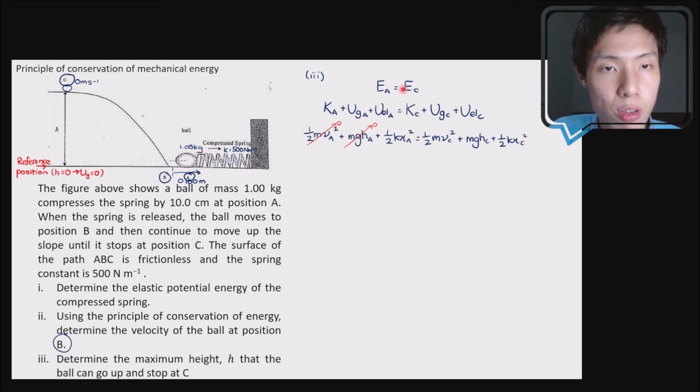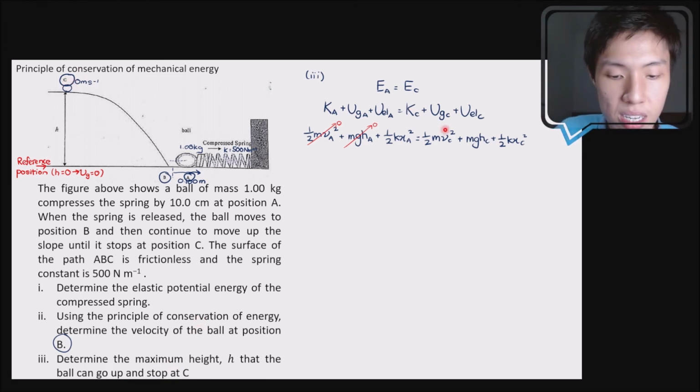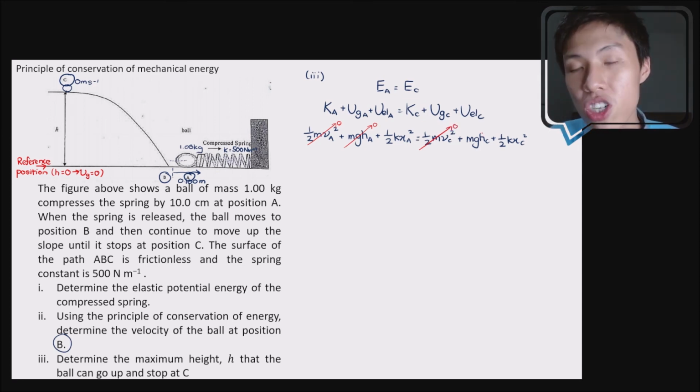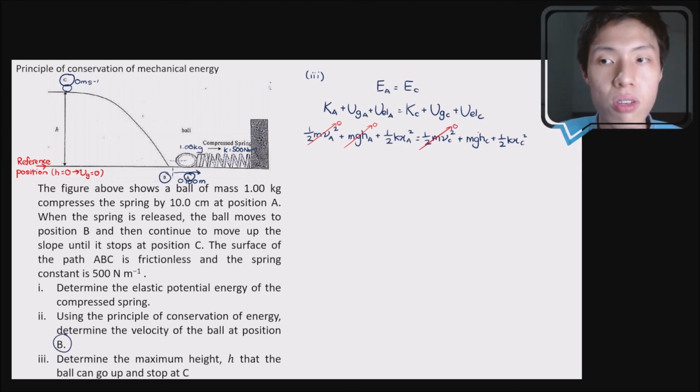Okay, move on to position C. For position C, the kinetic energy should be 0, because we want the ball to stop at C. To stop at C, your kinetic energy should be 0 at C. But the gravitational potential energy should not be 0 because you have reached a certain height above the reference position.